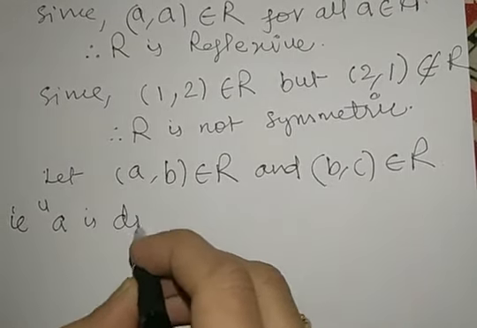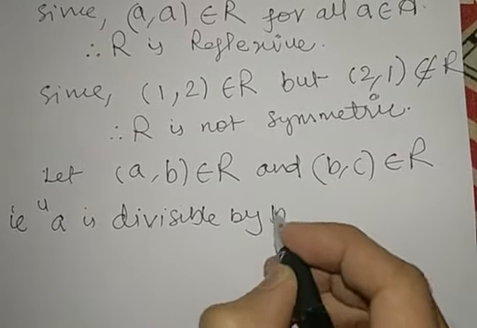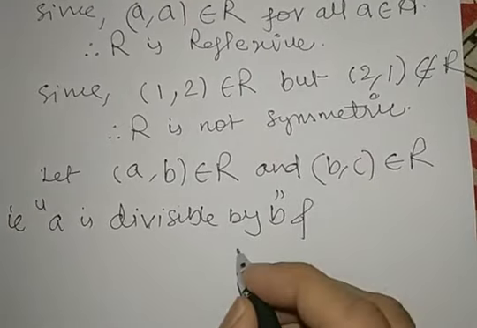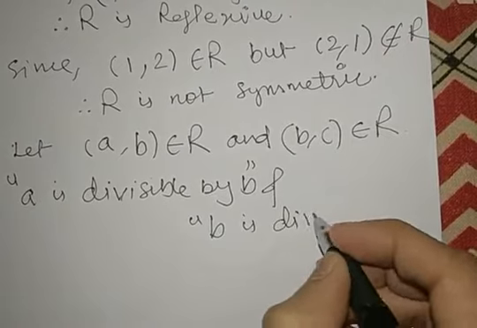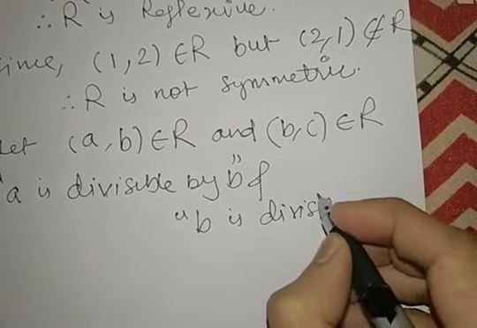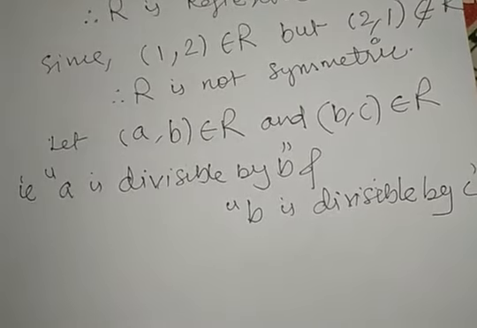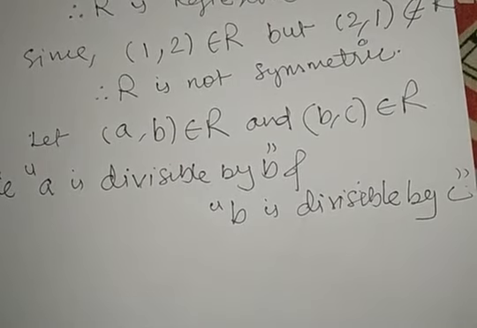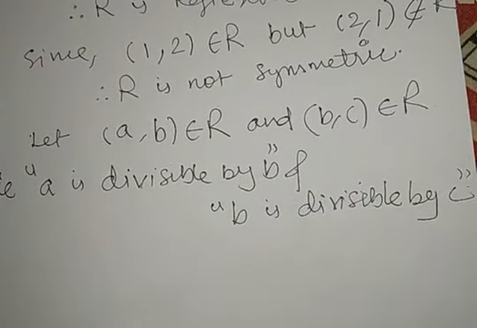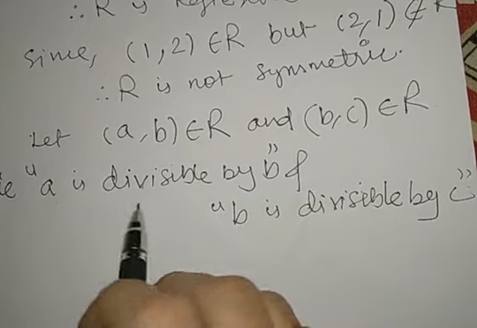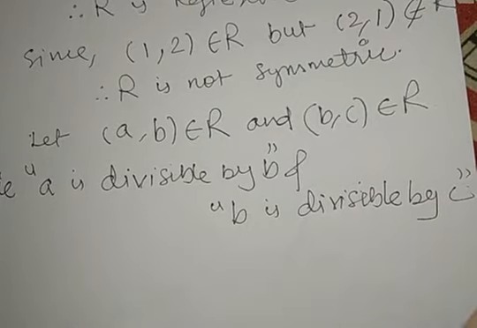A is divisible by B, and you also have B is divisible by C. So what you have is A is divisible by B and B is divisible by C. So what you will have? You will have A is divisible by C.